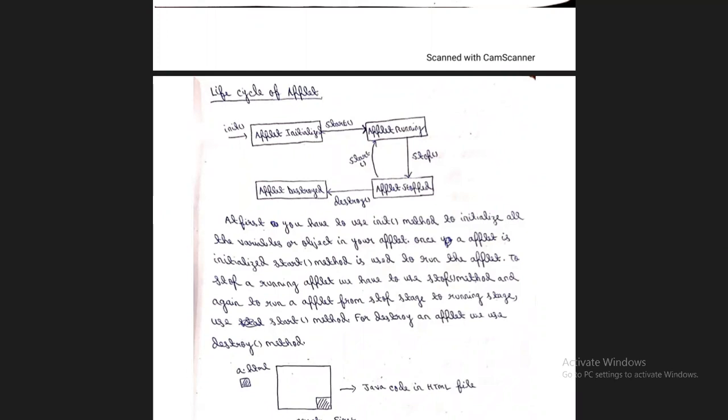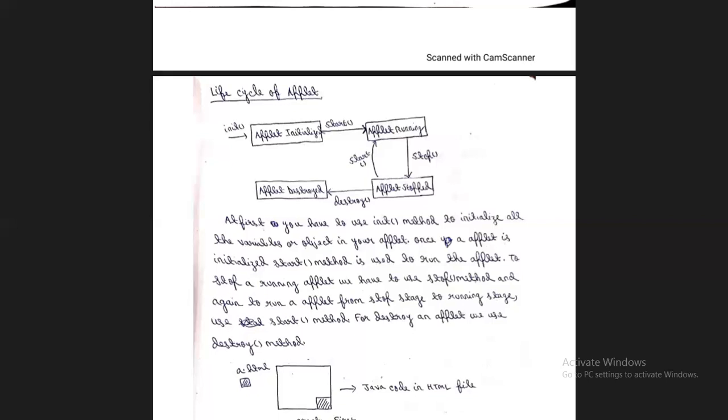Now, once the applet is initialized, then the start method is used. In the applet initialize stage, the init method is used, and through the init method, all the variables and objects which are present in the applet are initialized. That is the applet initialization stage.